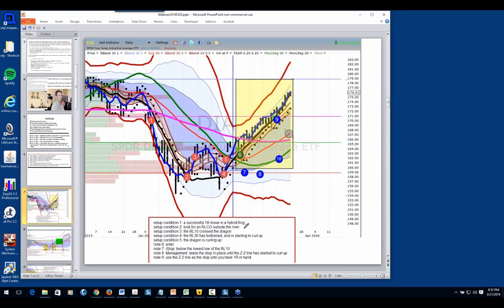Look for an RLCO outside the river. So in pattern number 2, that's a pattern 1 in the RLCO, and that is at notation point number 2. The 10 has crossed over the 30 outside of the river.